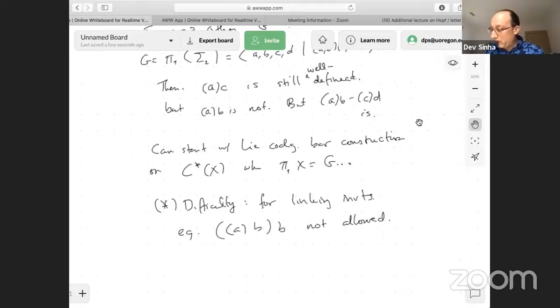But once I bring the cochains in, you can also imagine what the consequences of this would be for non-simply connected rational homotopy.